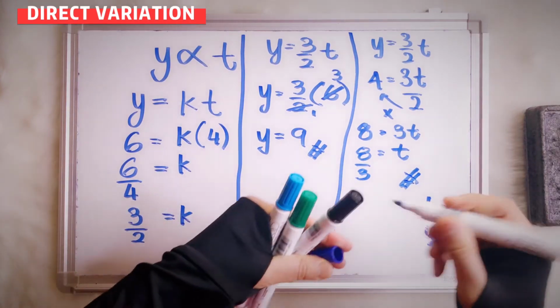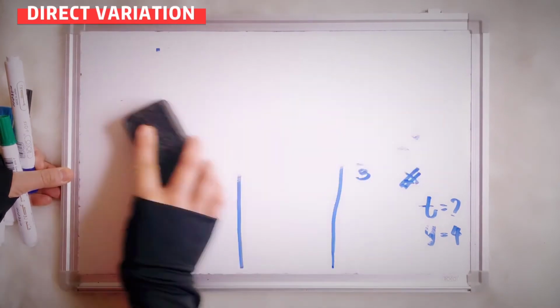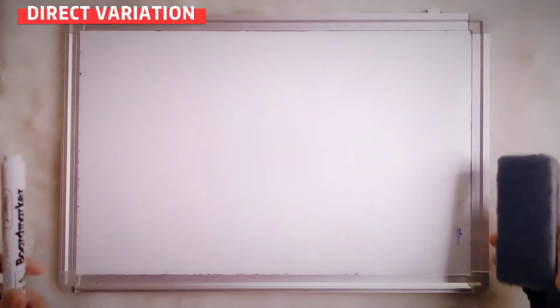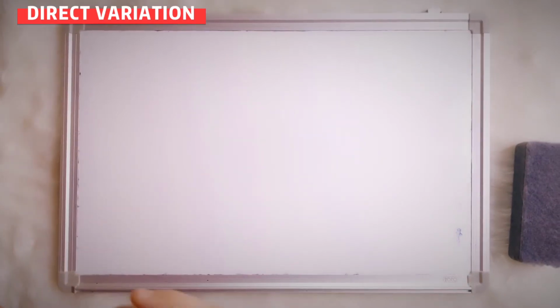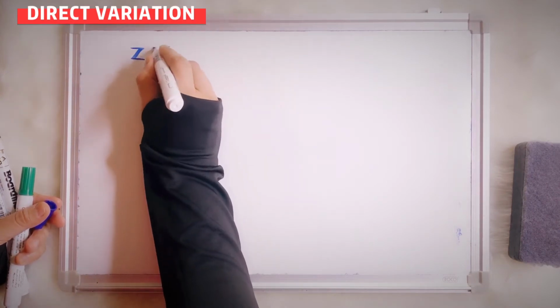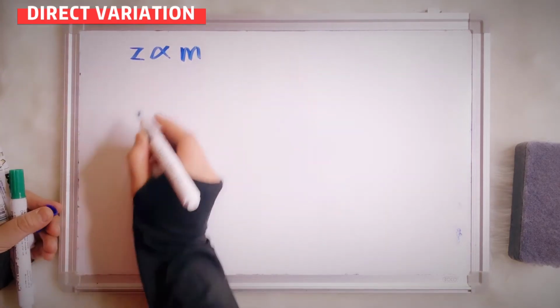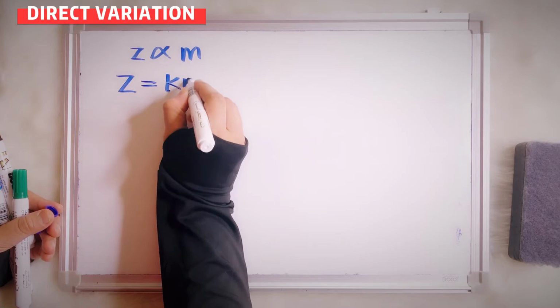Okay? Now, next one. Okay. So, okay, question number 2. So let's say z varies to m. Alright, so that means z equals km.